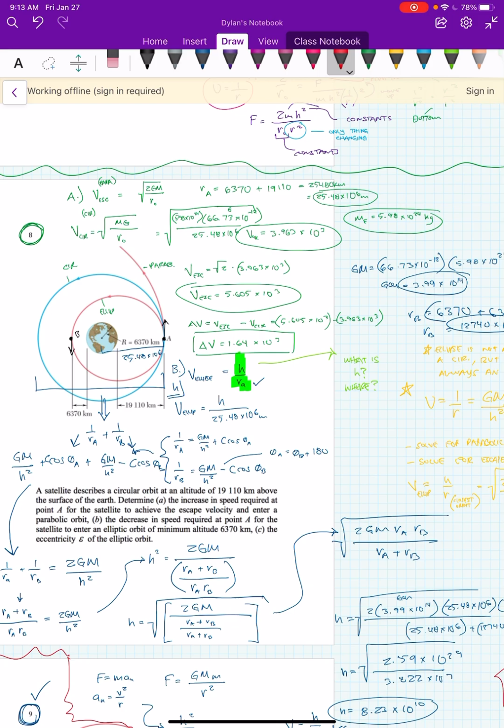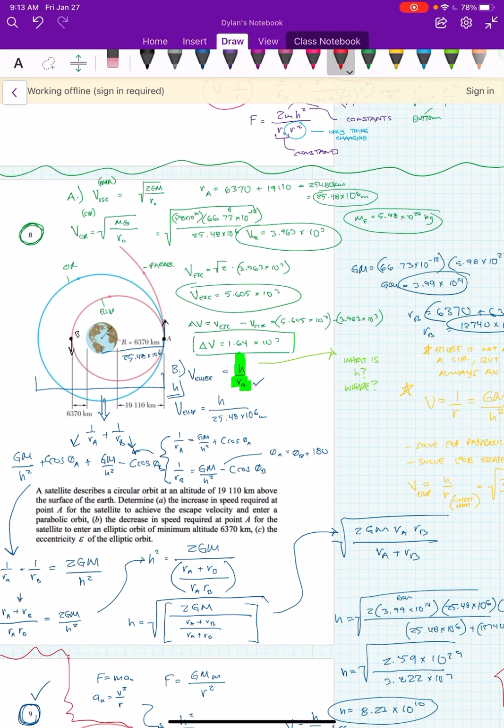I needed to find the escape velocity, or in other words, the equation for the parabolic escape velocity, and I needed to find the escape velocity of a circular or ellipse, which was very confusing to me between 2D and 3D. But same equation, same thing.